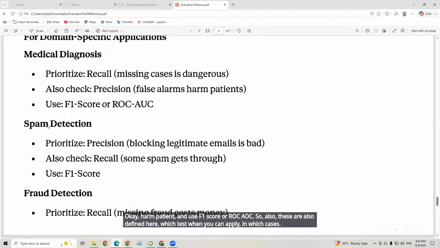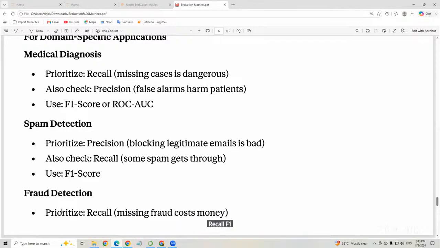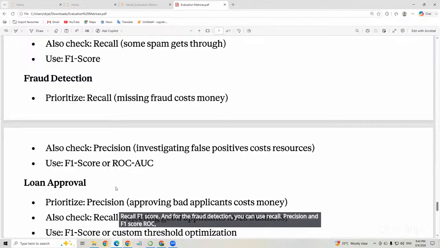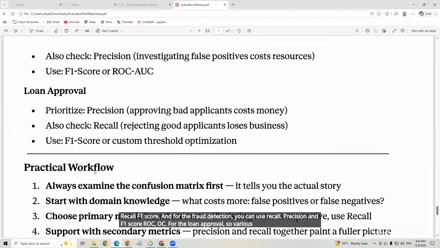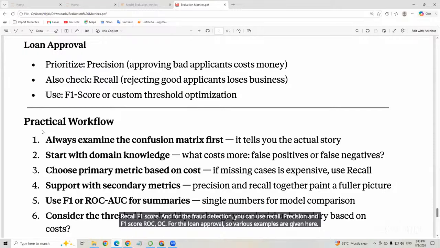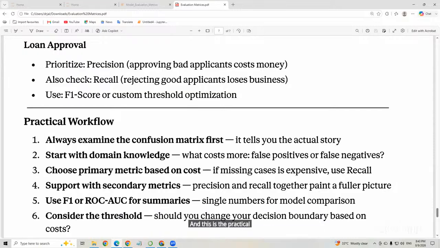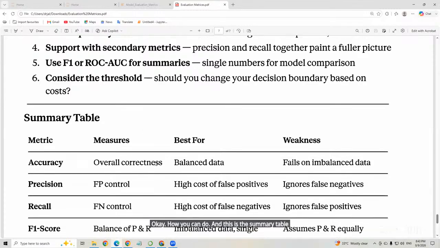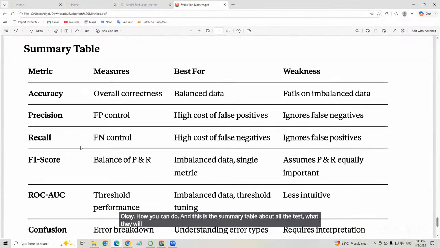So for spam detection, you can use precision, recall, F1 score. And for fraud detection, you can use recall, precision, and F1 score, ROC, AUC. For loan approval, various examples are given here. And this is the practical workflow. Okay, how you can do it, and this is the summary table about all the tests, what they do, what they measure, what they are best for, and their weaknesses.